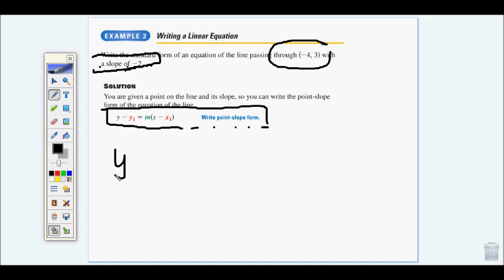Okay, y minus, and then my y term would be in my coordinate point, and that would be 3, equals, now I'm going to use the slope that they gave me, negative 2, and negative 2 is going to be distributed to x minus, and then the coordinate point I have there, which is a negative 4, so a negative minus a negative would give me positive, so I'm going to change that right away. So now I'm going to distribute.